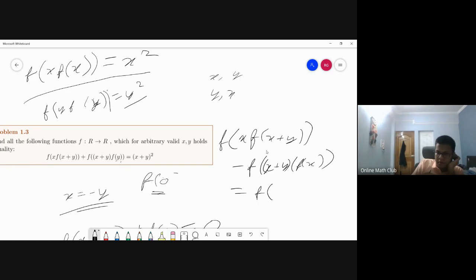So y f of x plus y minus f of, what's the other thing? X plus y f of y.